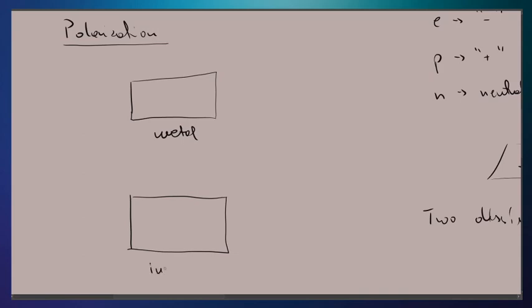Let's just do this insulator. Maybe it's wood, although in the case of wood, you have polymers, but yeah. This thing is neutral, the same number of protons as electrons, and this thing is also neutral, the same number of protons as electrons.